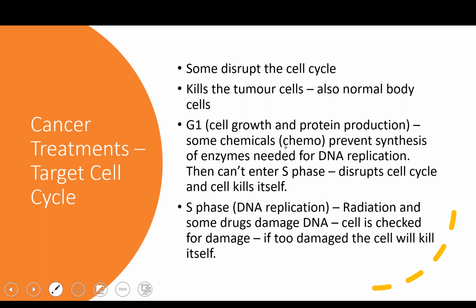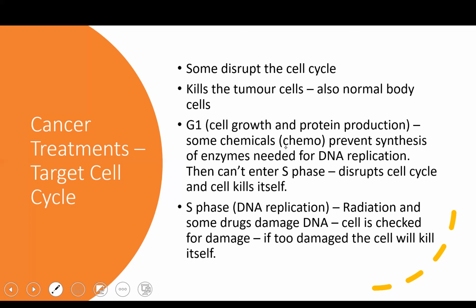So we can target G1, that gap phase 1 section. And that's where cell growth and proteins are going to be made. So during this G1, where the cell's growing and proteins are being made, some chemicals such as chemotherapy drugs can actually prevent the synthesis of enzymes that are needed for DNA replication.